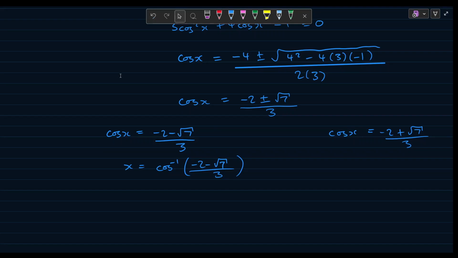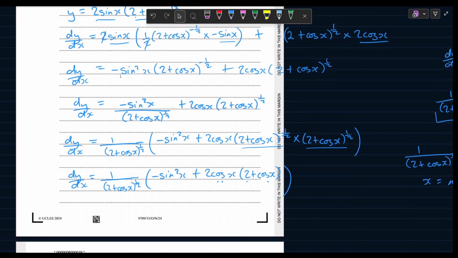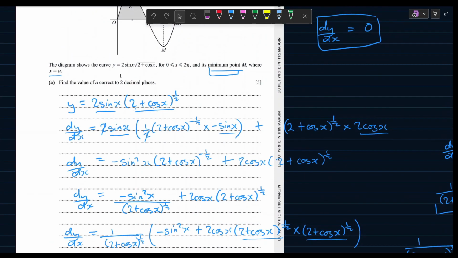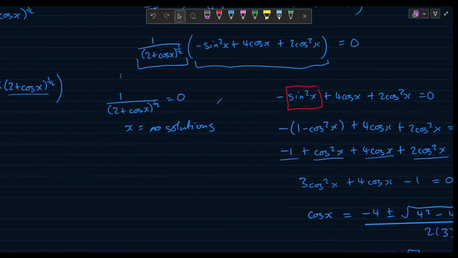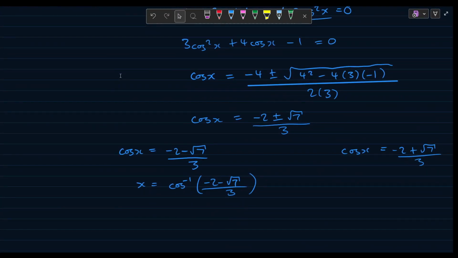And what units are we using? Are we in degrees? Are we in radians? We are in radians. So make sure your calculator is in radians. We want to evaluate arc cos of (negative 2 minus root 7) over 3.